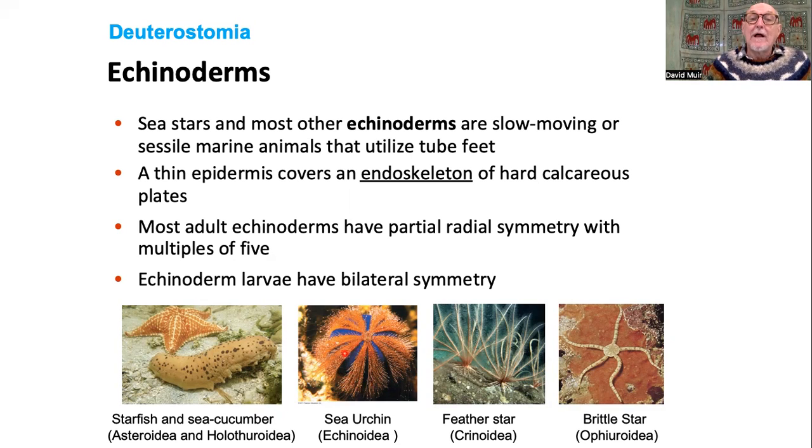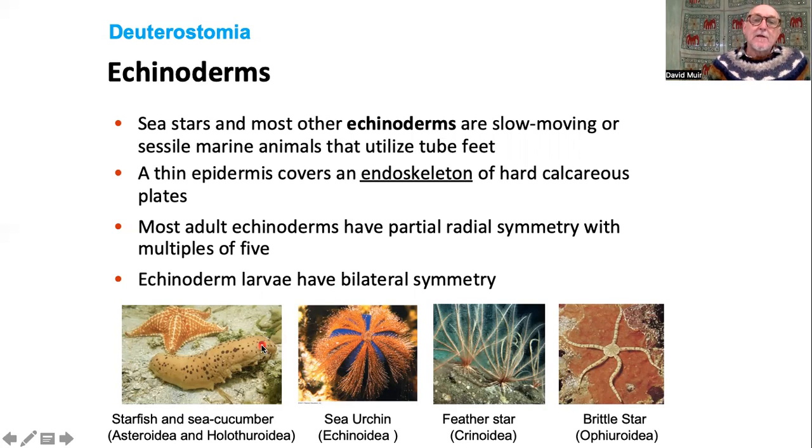Although the overwhelming appearance is radially symmetrical, we will find that there are some organ systems on one side that do not occur on the other. They are fundamentally bilaterally symmetrical, and they have adopted radial symmetry secondarily. It's a bit confusing.